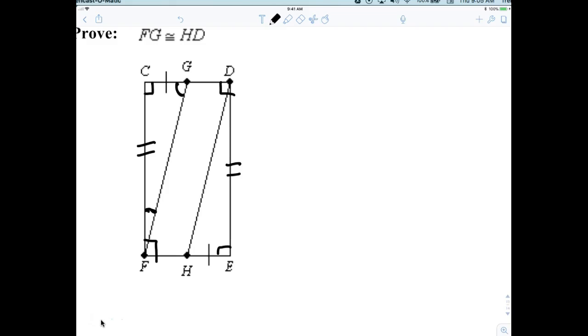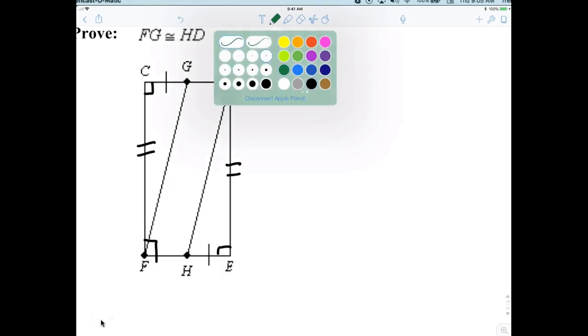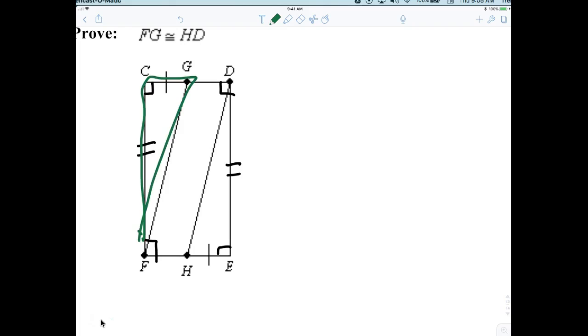How am I proving that those are congruent? I'm saying CF. I'm trying to prove that this triangle right here is congruent to this triangle right here. So what other angles do I have? All right, thank you. Is everybody hearing me on that?